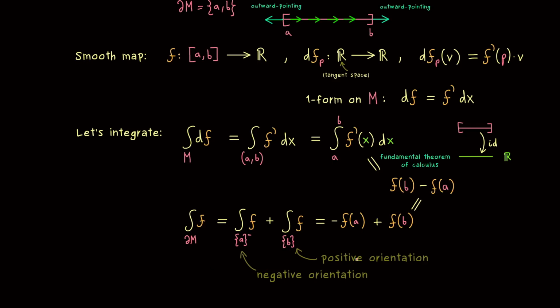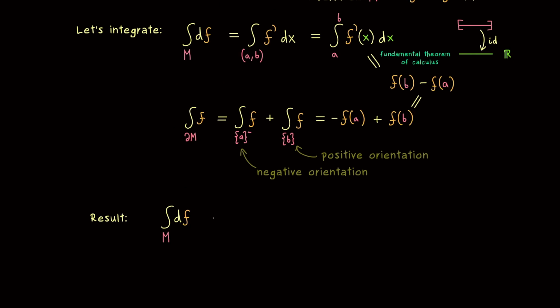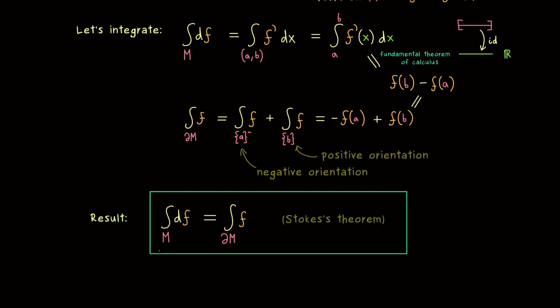Or to put it in other words, for every smooth map f, we have this relation here on the left hand side. So the fundamental theorem of calculus can just be rewritten as the integration of a one form. And it's quite easy to remember because this d here gets pushed into the integral boundary as a del. So it's a really nice formula, and I can already tell you this is known as Stokes' theorem.